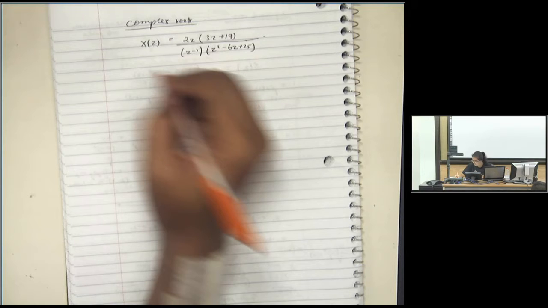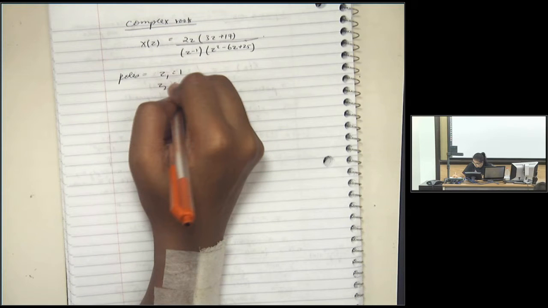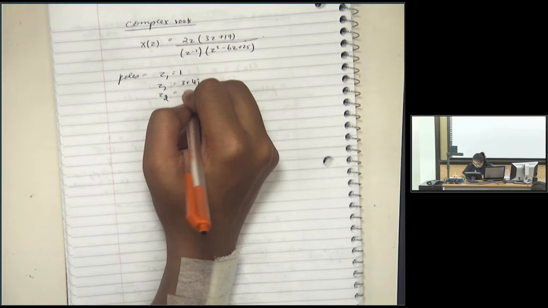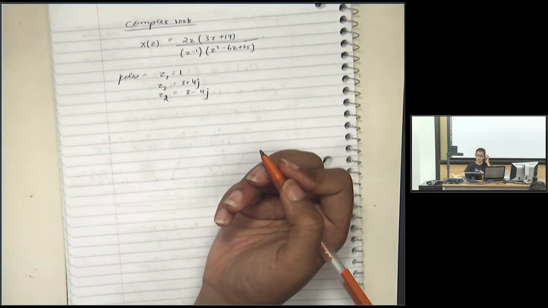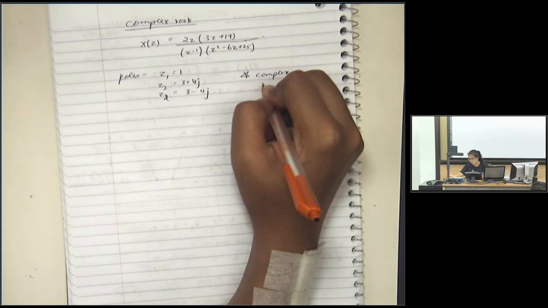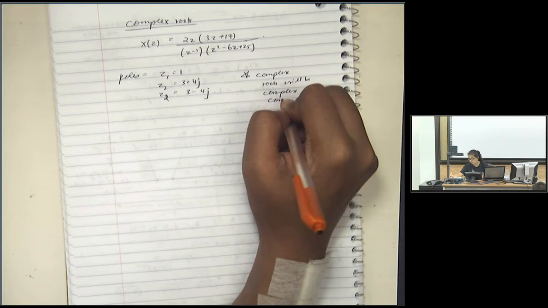Okay, so the poles now are z1 is equal to 1, z2 is equal to 3 plus 4j, z3 is equal, again, to 3 minus 4j. Again, the complex roots will always be complex conjugates of each other.